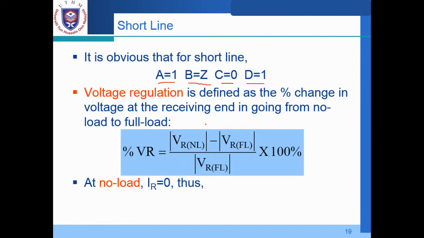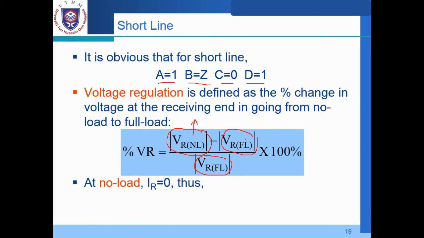Okay, so we can simply understand that the percentage of VR, voltage regulation, is equal to the receiving voltage at no load minus the receiving voltage at full load, over the receiving voltage at full load. During no load, the receiving voltage is slightly higher than at full load.